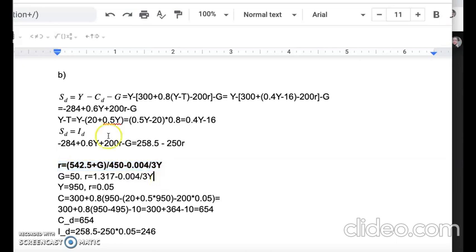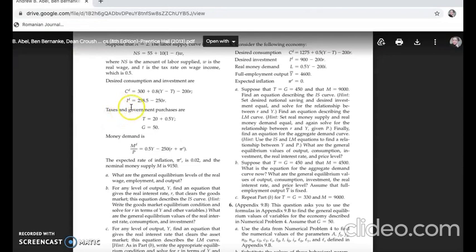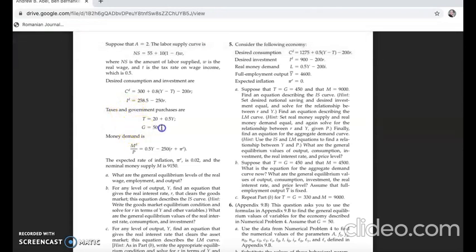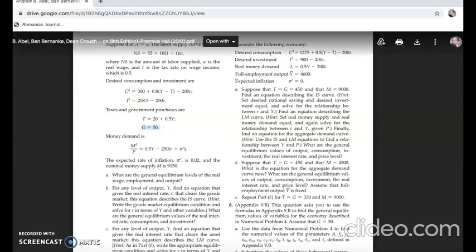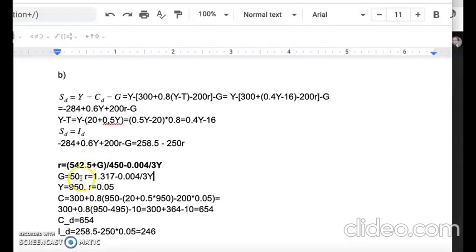Then we are using G, government purchases, as it is given in the problem. G is equal to 50, and we replace it in our final equation, and we will get the equation for the interest rate.